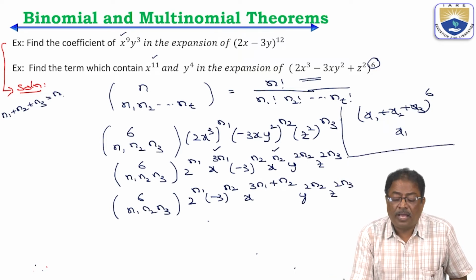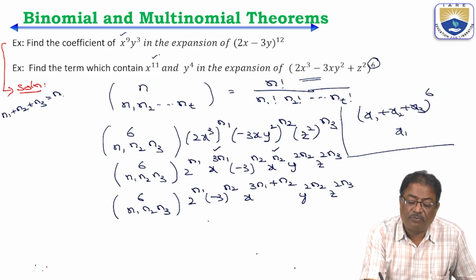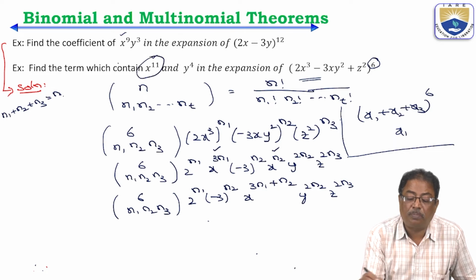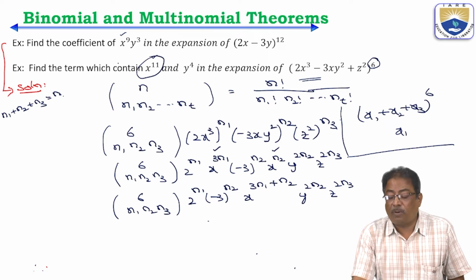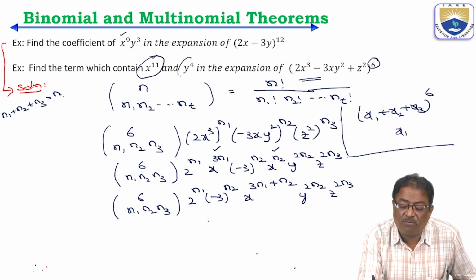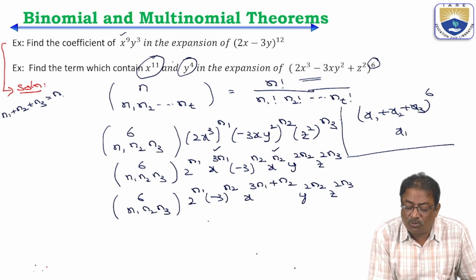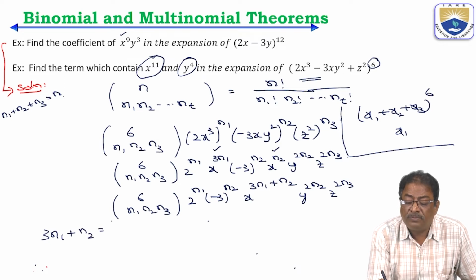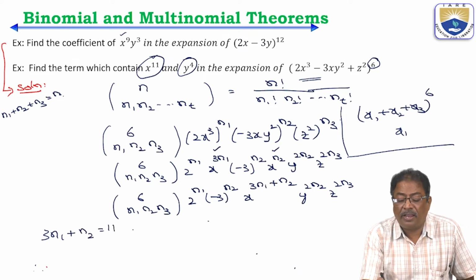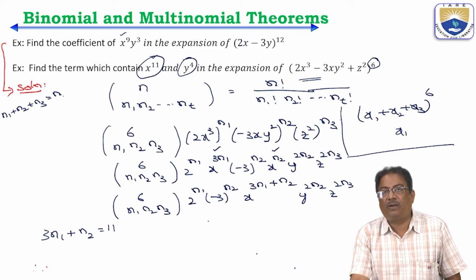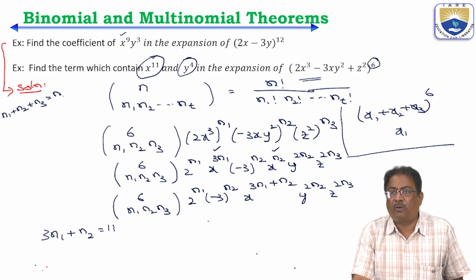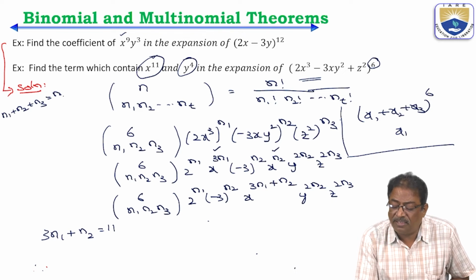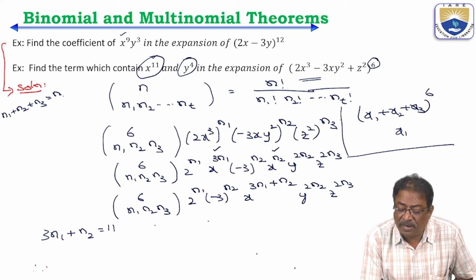Now here I am just finding the term which contains x to the power of 11 and y to the power of 4. So here I am taking 3n1 plus n2 will become 11, because I need to find the coefficient of the x to the power of 11 term and y to the power of 4 term. And next 2n2 will become 4.